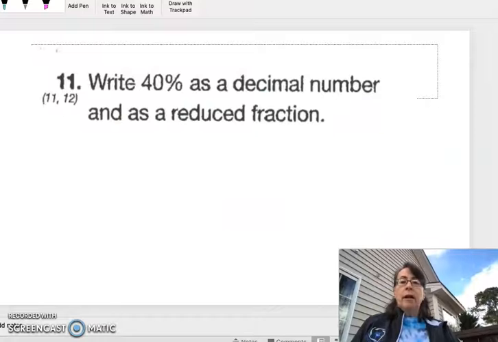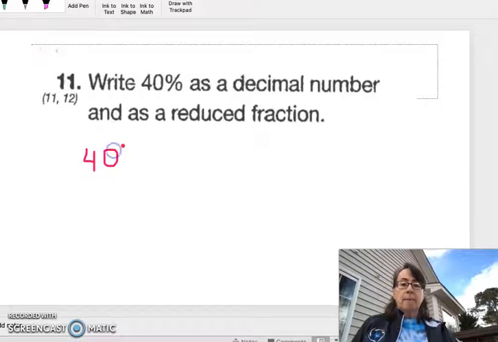Number 11. Write 40% as a decimal number and a reduced fraction. So 40%, to write 40% as a decimal, we're going to remember that this is out of 100.